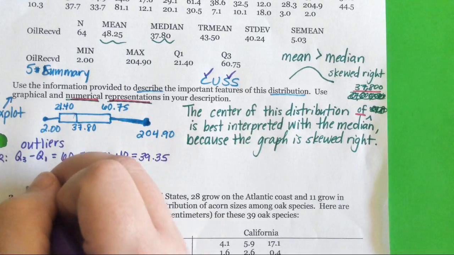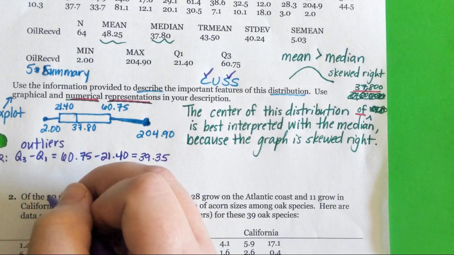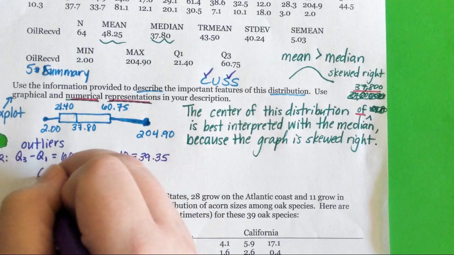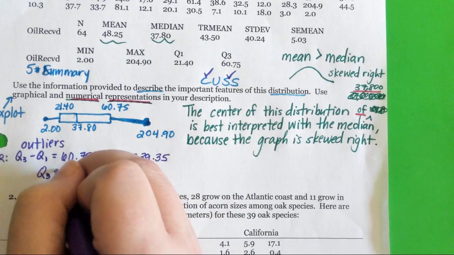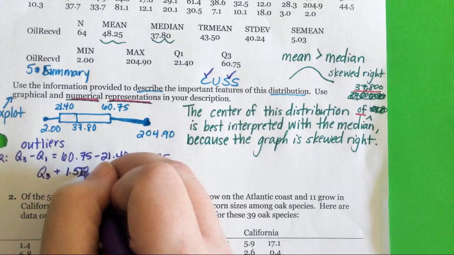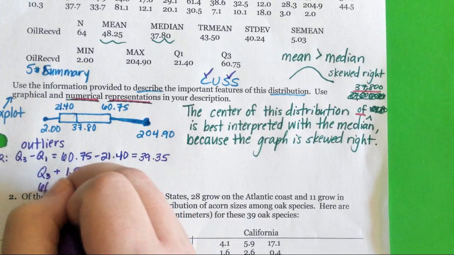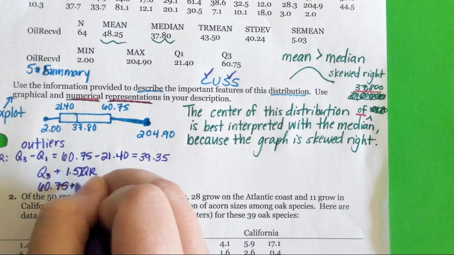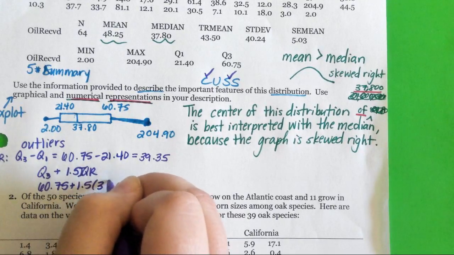And then we had a formula for outliers. What's the formula when we want to know the top? So let's do Q3 plus 1.5 times that IQR. So 60.75 plus 1.5 times 39.35.